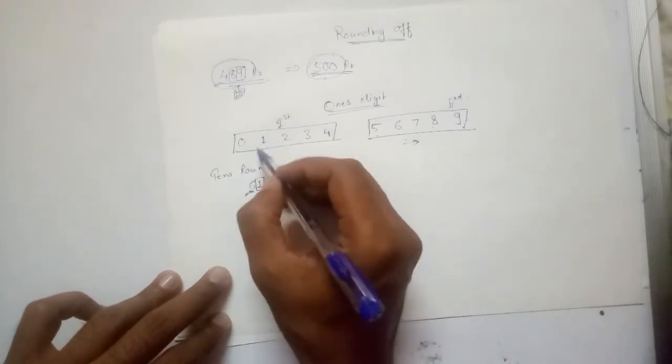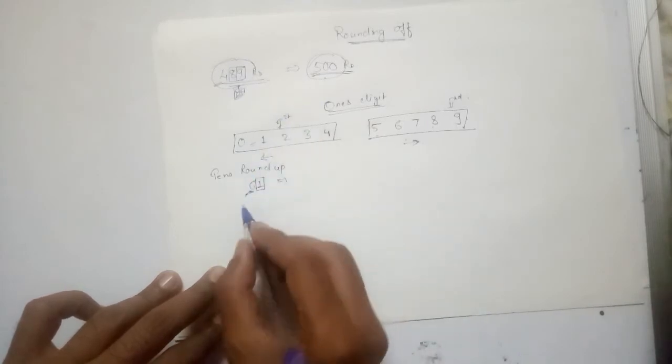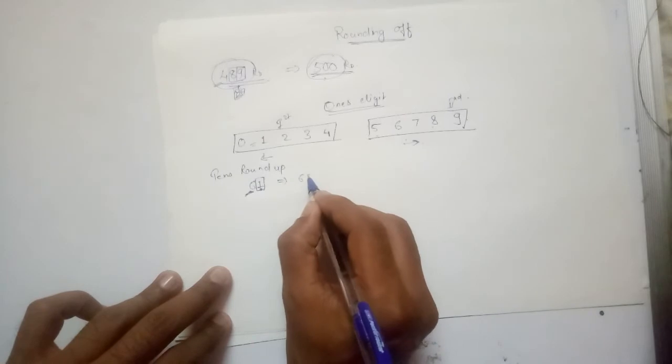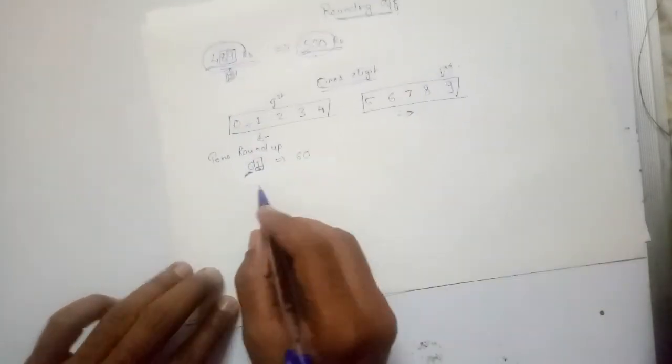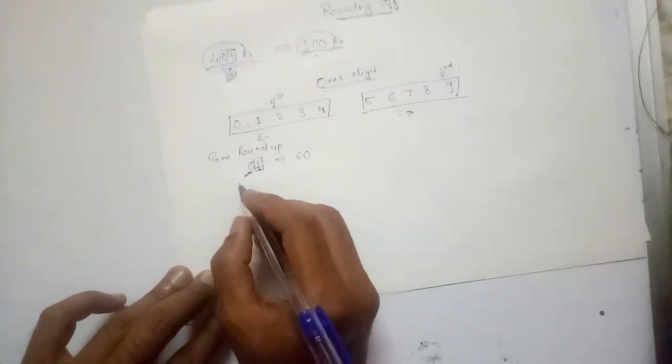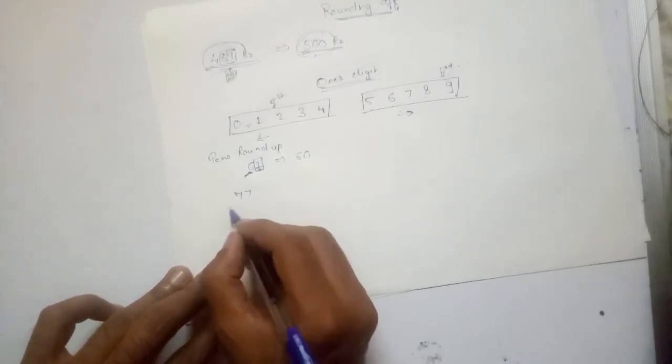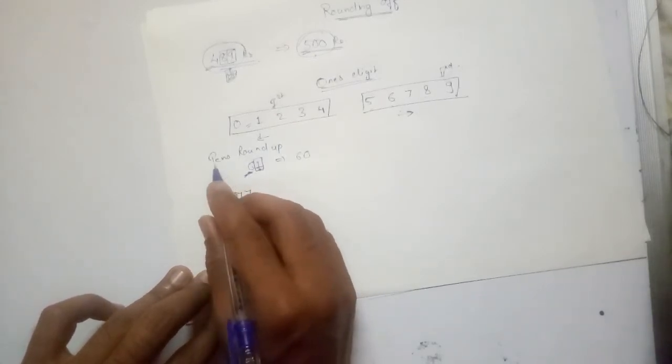So 1 is in the first group, so we don't change this number, and just put the 1 as a 0. Okay, if we see another example, a number is 77 and we have to round up the tens place.